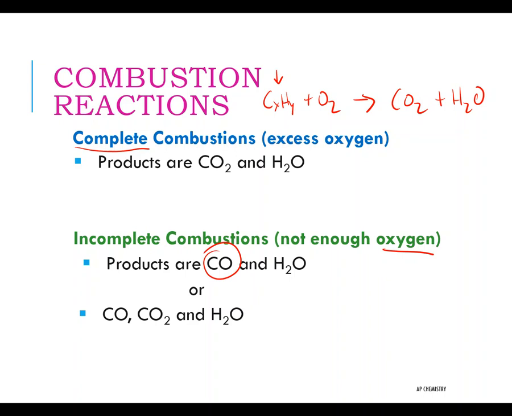If you have additional nonmetals attached to your organic compound, you will usually see additional gaseous products being produced here. The only thing different between complete versus incomplete is the amount of oxygen that goes in. If you have enough, you should always get carbon dioxide formed. If you don't have enough oxygen, it runs out. Sometimes you'll get some carbon monoxide, which we know is very poisonous and bad. And you wouldn't want to breathe too much of that in.